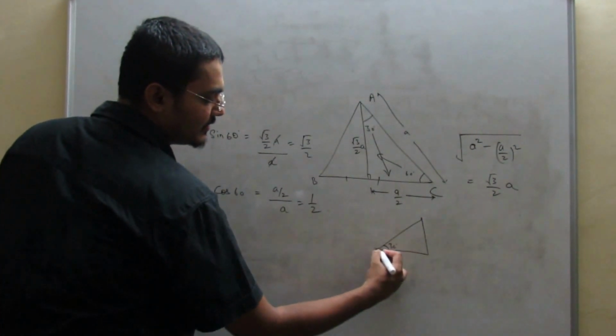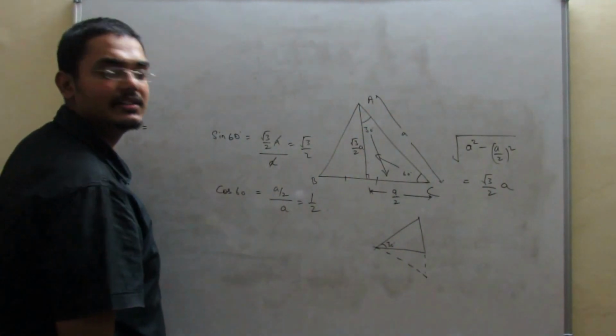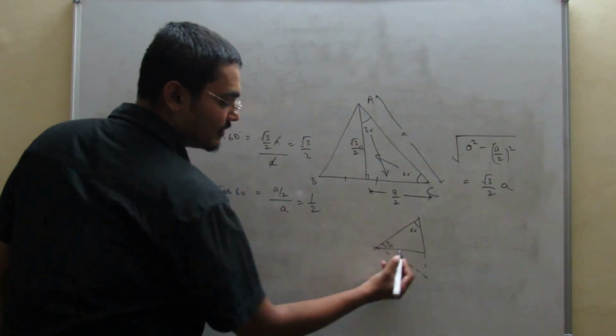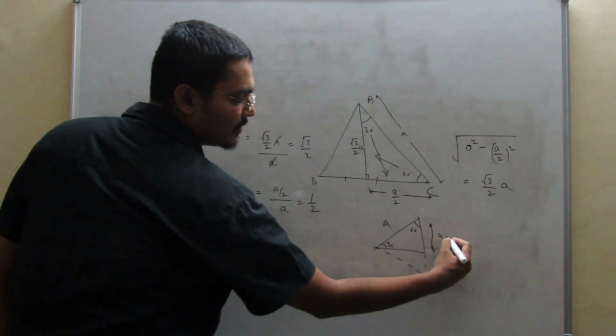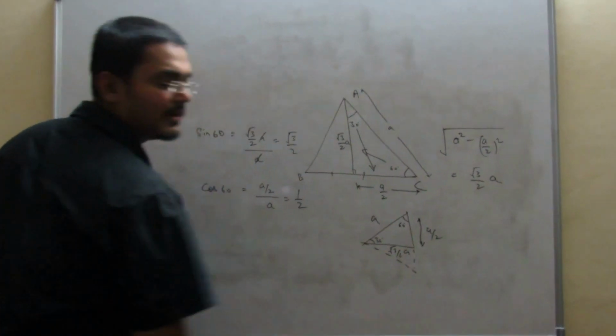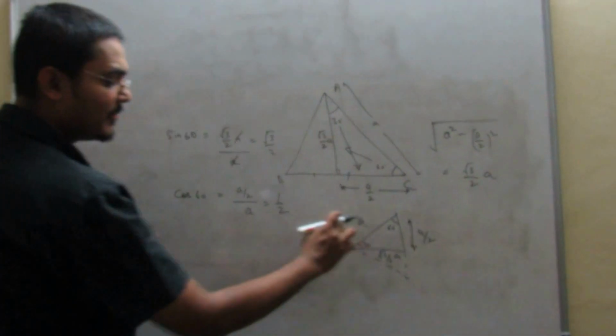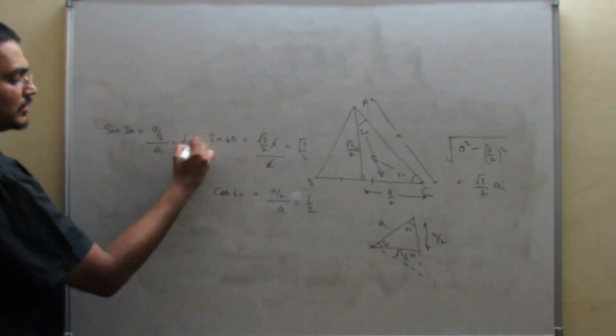You just turn in this way. This would be 30 degrees if I draw the other part of the triangle. So I just rotated it by 90 degrees. This is 60 degrees. Now for this, this is the hypotenuse A, this is perpendicular a by 2. This is base root 3 by 2a. So perpendicular upon hypotenuse is a by 2 whole upon a, you get 1 by 2.